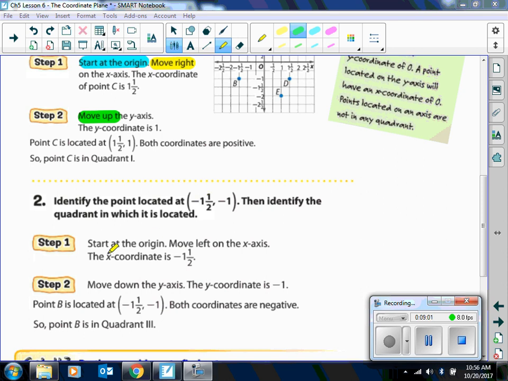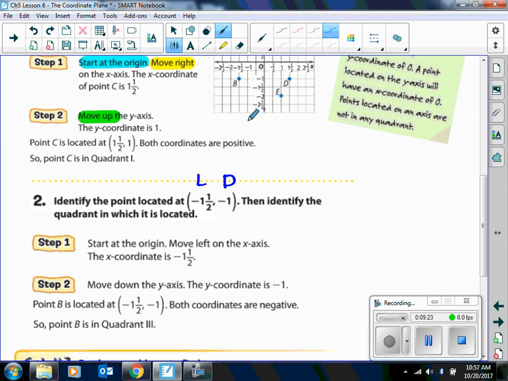Starting at the origin, we're going to move to the left. Okay? And then we're going to move to the -1. Which direction? -1. We're going to move down. Okay? So we're going to move left and then down.